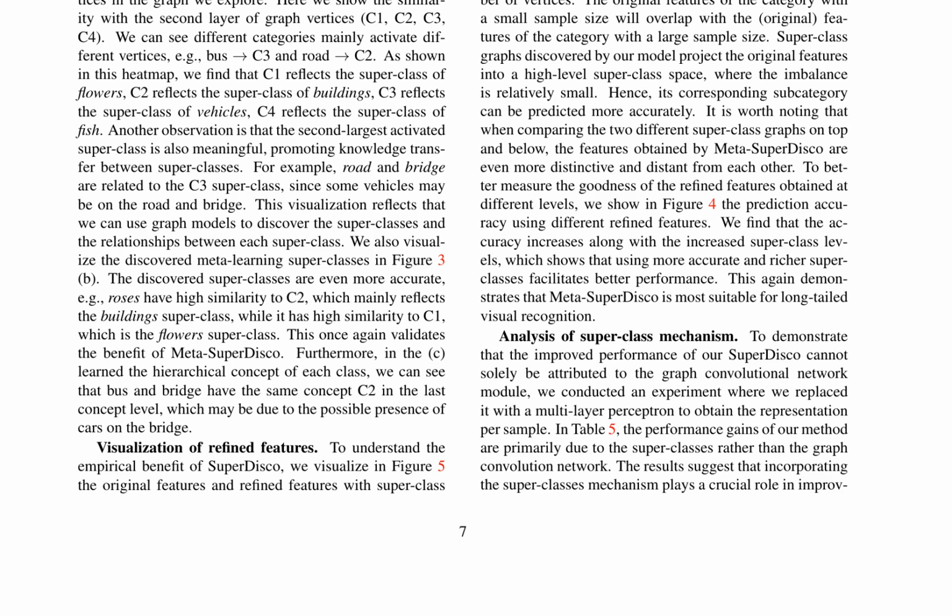Finally, the authors conduct an experiment to demonstrate that the improved performance of SuperDisco cannot solely be attributed to the graph convolutional network module, and show in Table 5 that the performance gains are primarily due to the superclass mechanism, highlighting its crucial role in improving long-tailed visual recognition.